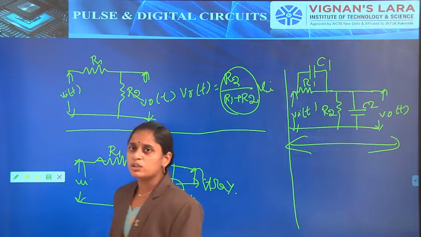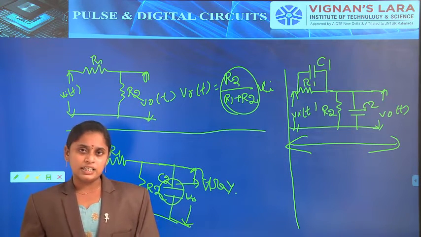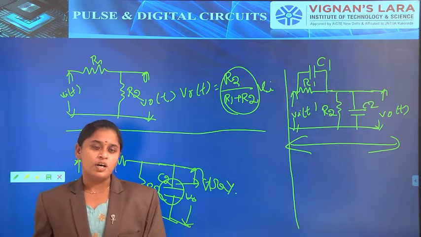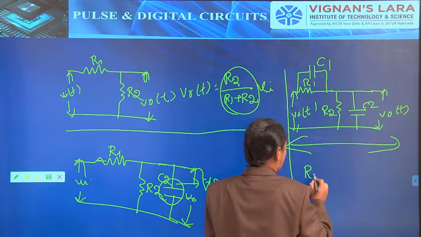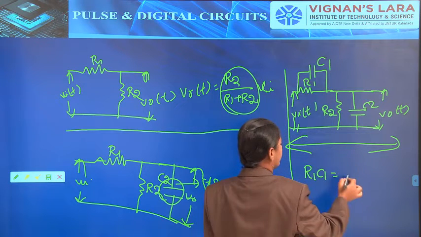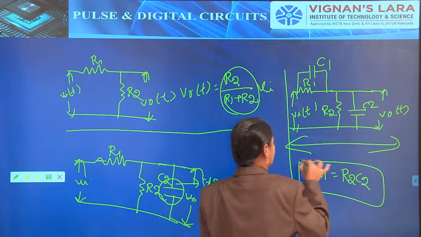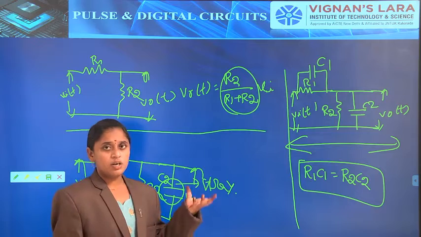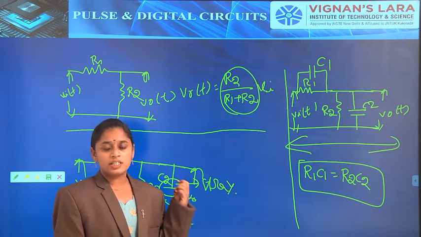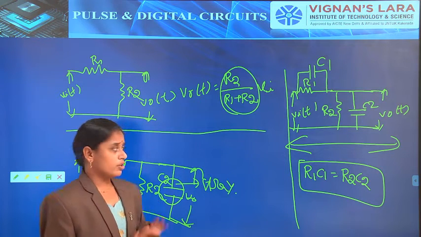In this circuit we have to prove one condition. What is the condition and what do we have to prove? Simply, R1 C1 is equal to R2 C2. We have to prove this condition. This is a very important question for the final exams also. For this we have to solve the equation.